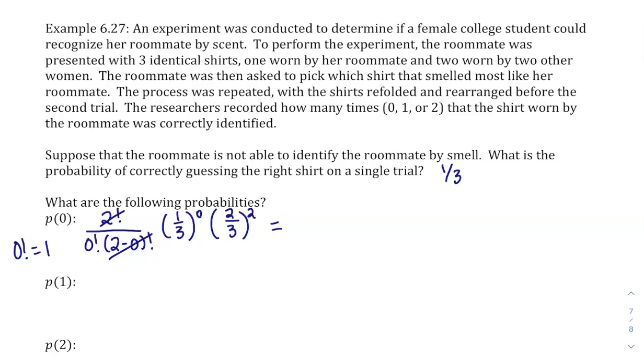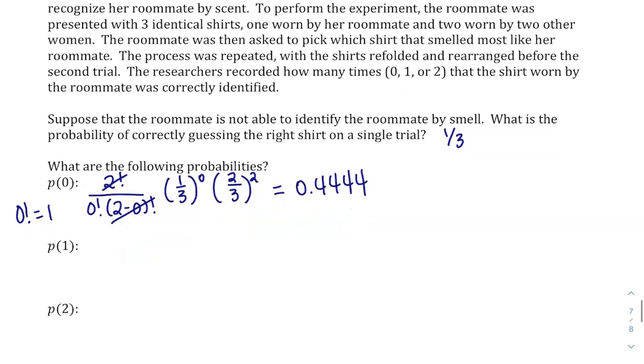This is the last time you're going to have to use this formula, though, so keep that in mind. Don't stress out too much about this formula. 1/3 to the 0 is just 1, and so we just need to do 2/3 squared, and as a decimal, that is 0.4444. Usually with probabilities, I'll do 4 decimal places. Now for 1. Here we have 2 trials.